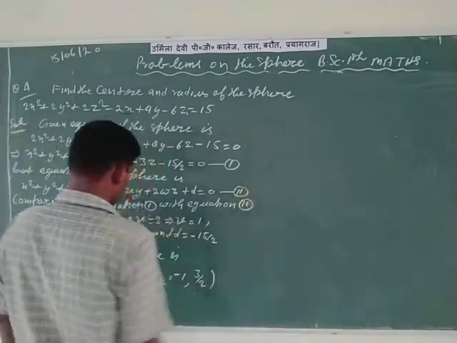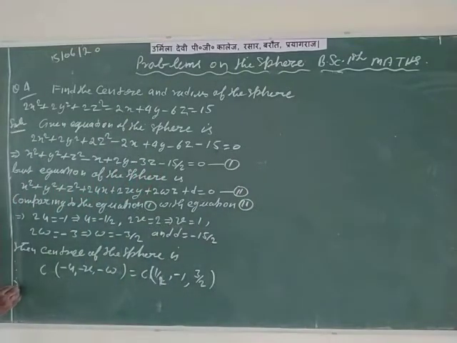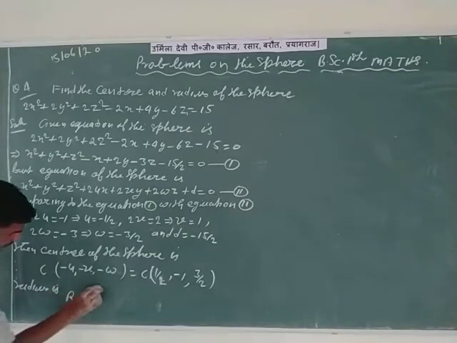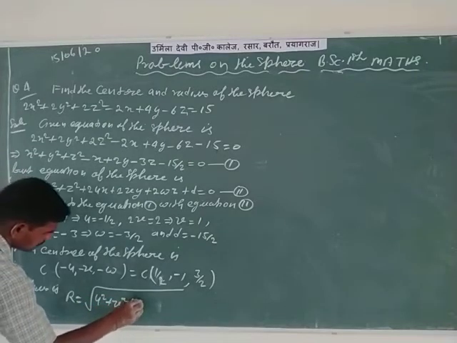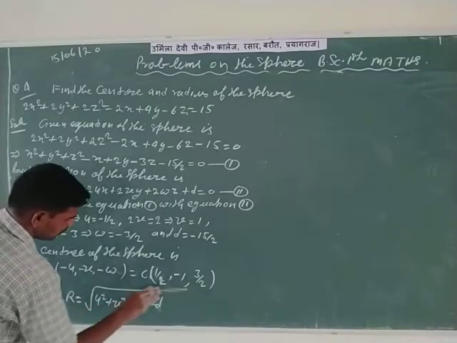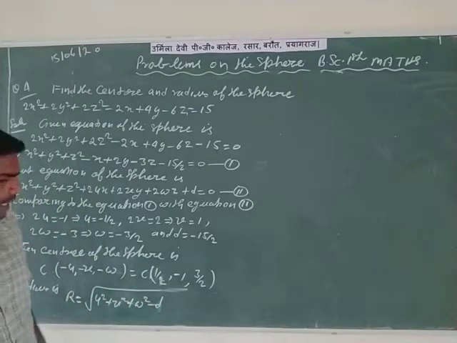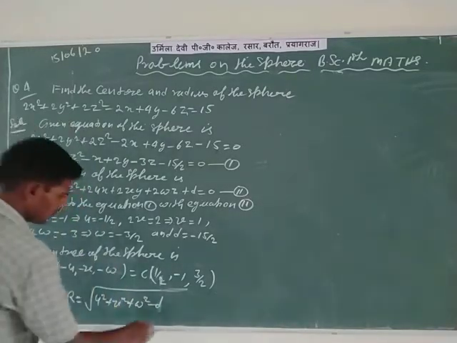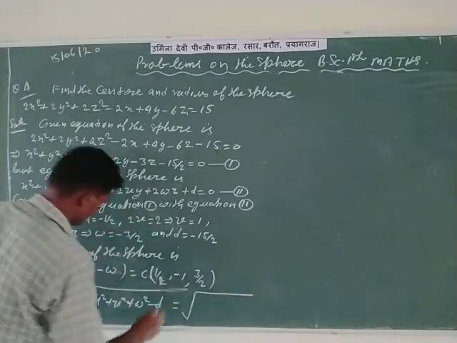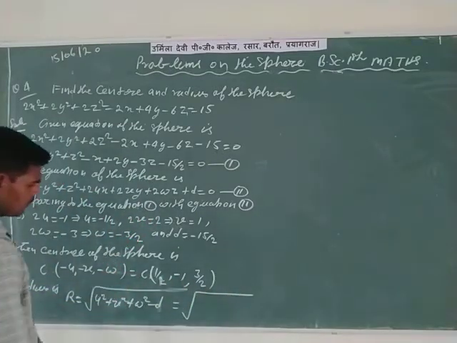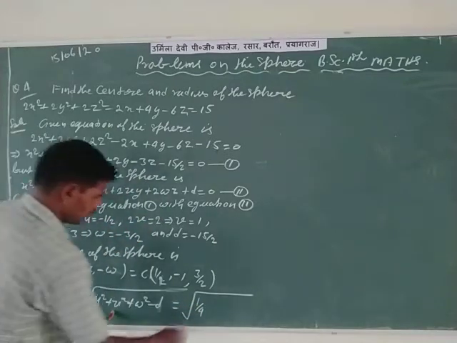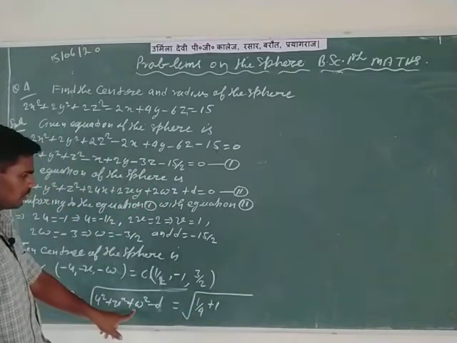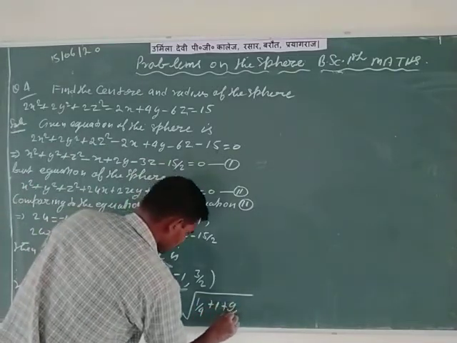After this, the radius of the sphere, capital R, is equal to under root u square plus v square plus w square minus d. Putting all values of u, v, w and d in this equation, R is equal to under root, u is equal to 1 by 2, so 1 by 4, and v is equal to minus 1, so plus 1, and w is equal to 3 by 2, so plus 9 by 4.